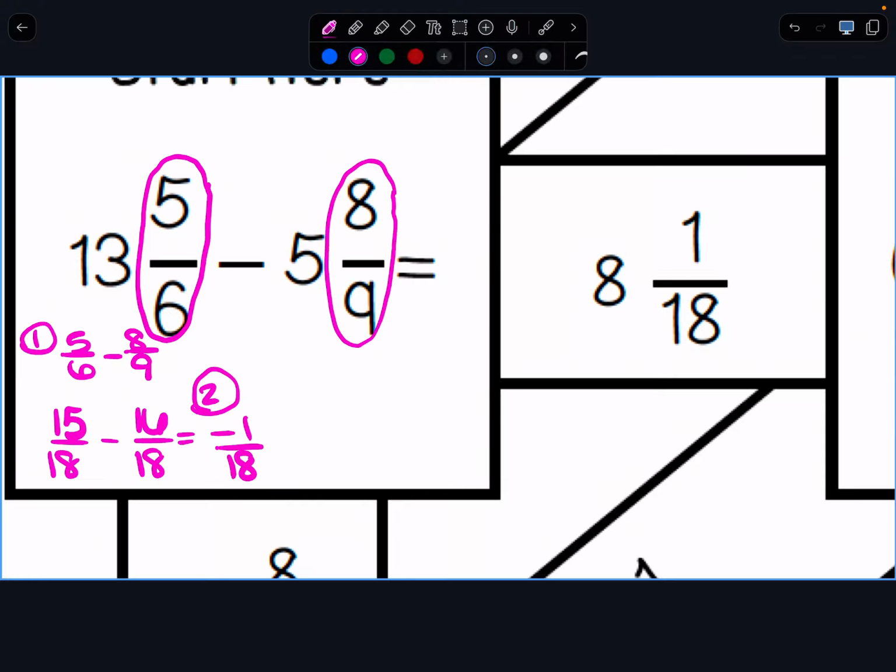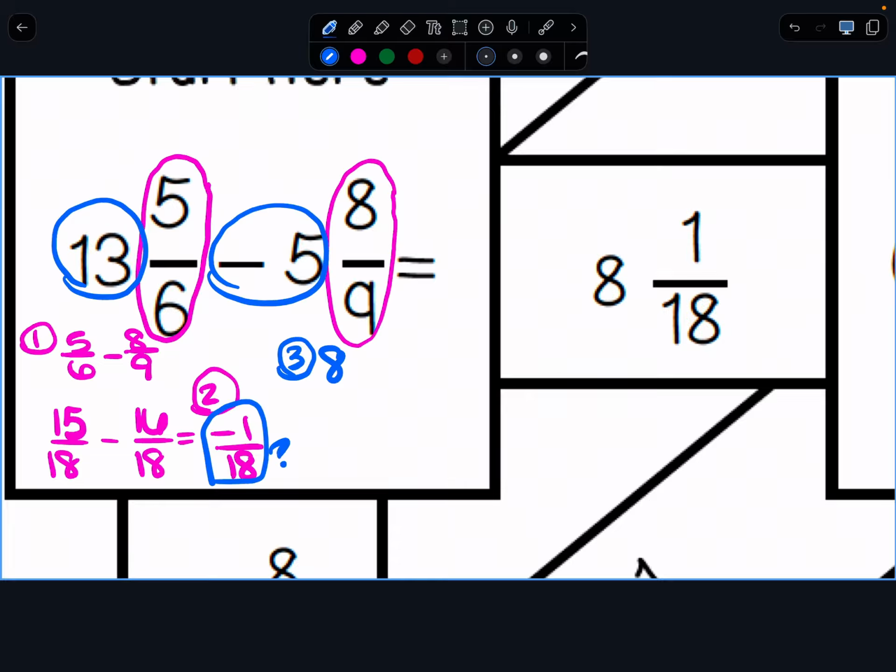So my step 3 will still be my 13 minus 5, which is 8. But now what am I going to do with this? How am I going to rewrite that? What I have to do is borrow. So I'm going to borrow, turn that into 7.